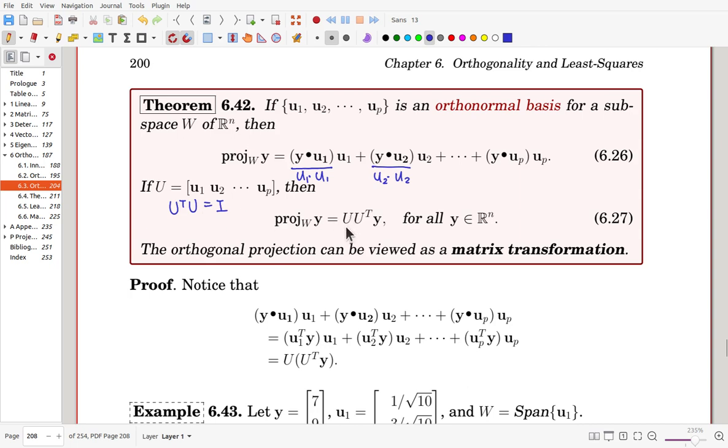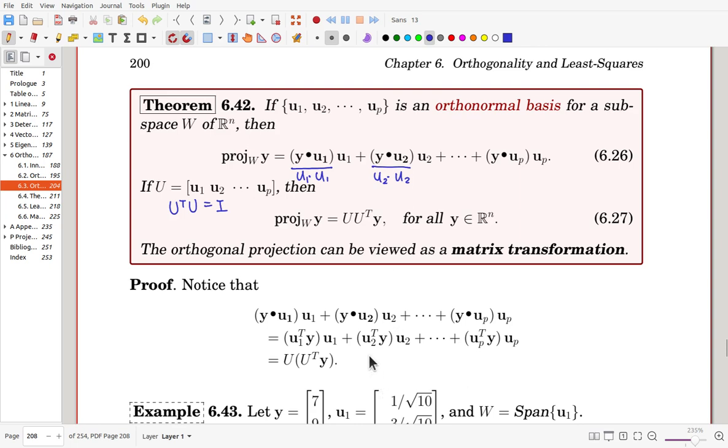Be careful, it's U U transpose, not U transpose U, and can be written this way. And once it is true, we'll prove it here, the orthogonal projection can be viewed as a matrix transformation. This is a matrix, and projection is a kind of matrix transformation. The matrix is made from the orthonormal basis of the space.